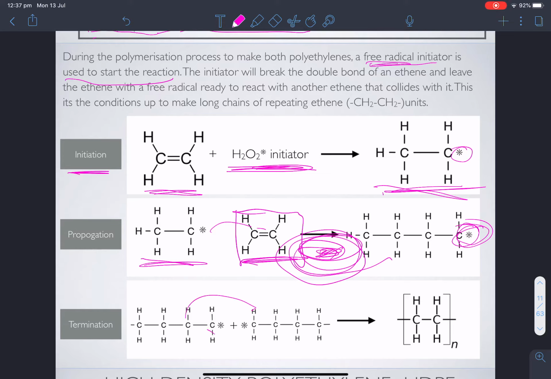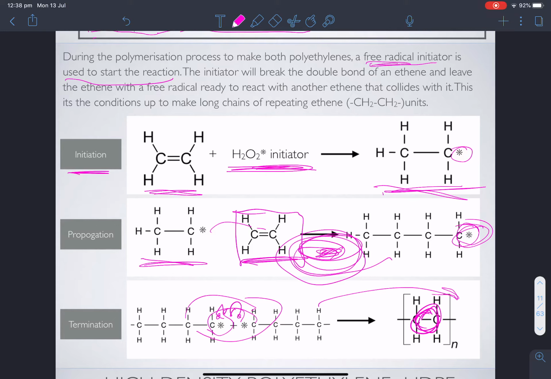When the two radicals meet, they join across and form a neutral molecule, but that's just charge. The two unpaired electrons come in and form a new single bond, no more radical, and you've got this bond in between. So two unpaired electrons form a single covalent bond with two electrons. And that's the termination. That's how the reaction ends.